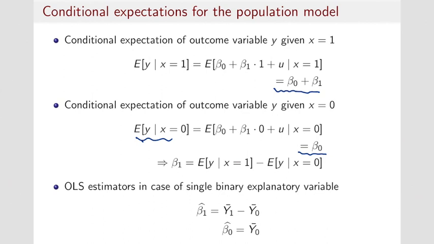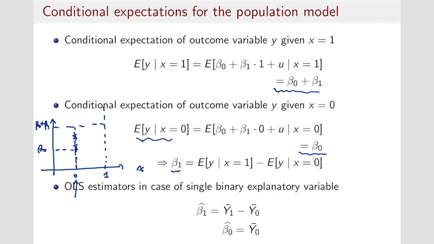So beta 1 is the difference between these two conditional expectations. If we know all the observations in the population, beta 0 is the average of y for the group that x equals 0, and for the group that x equals 1, the average of y in the population is beta 0 plus beta 1.